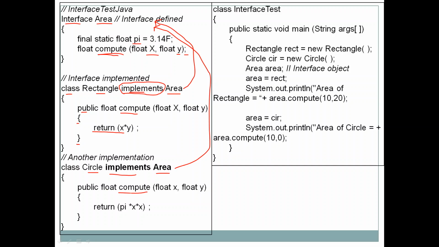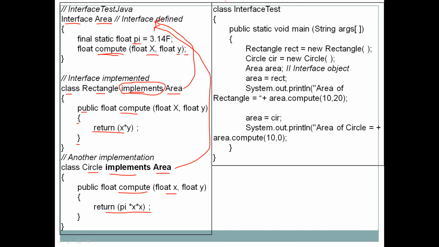So in circle it is returning the area of a circle, that is calculated by using pi into x, which is received here, and it is returned.